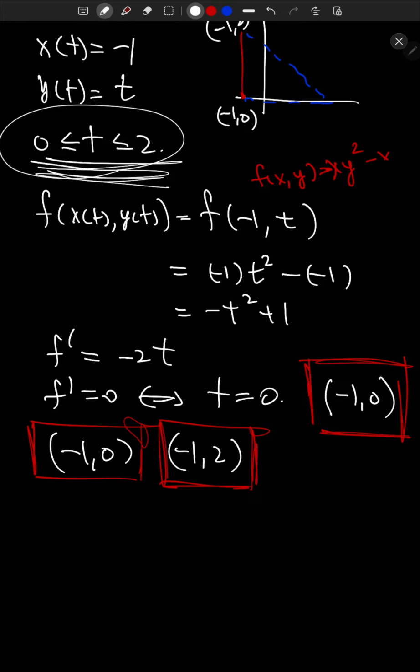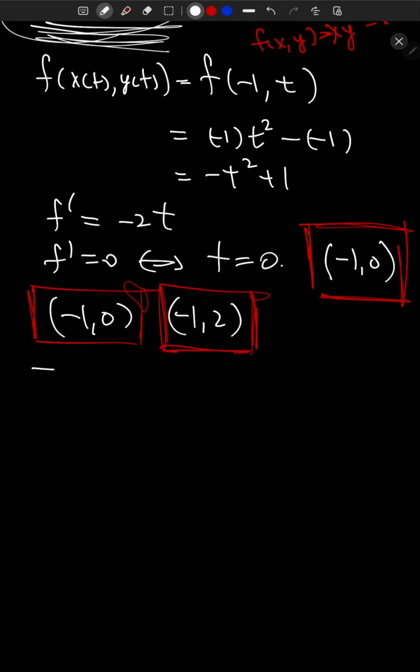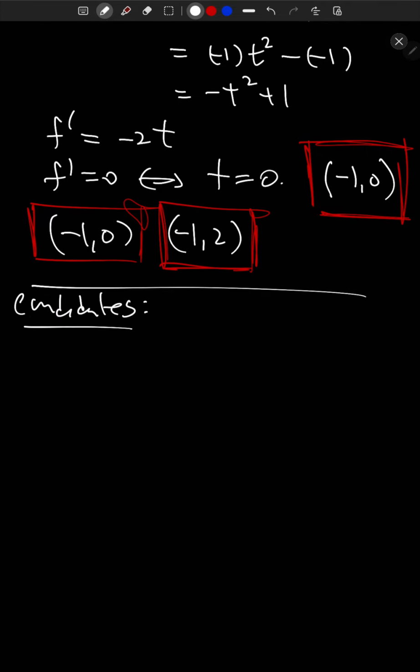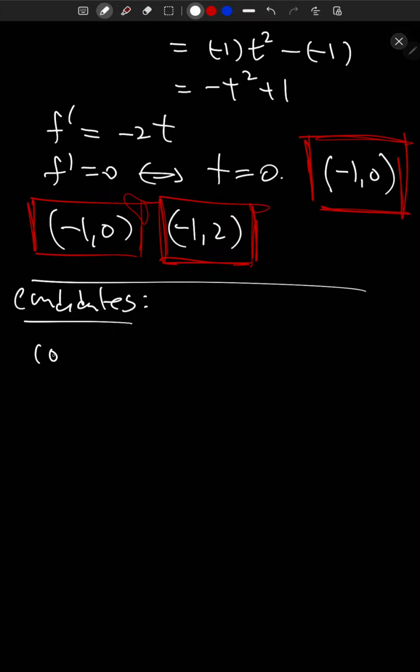What we do now is we just gather all the candidates that we found from all the different parts of our problem and plug them all in, right? Because the maximum value of our function has to be among those candidates. The minimum value of our function has to be among those candidates. So obviously the biggest one among those has to be the biggest value, and the smallest among those has to be the smallest value. Okay, so our candidates were 0, 1, that was from part 1 of the problem.